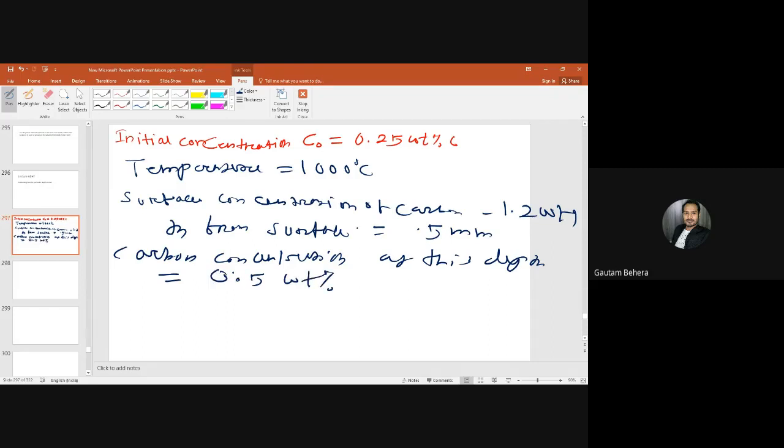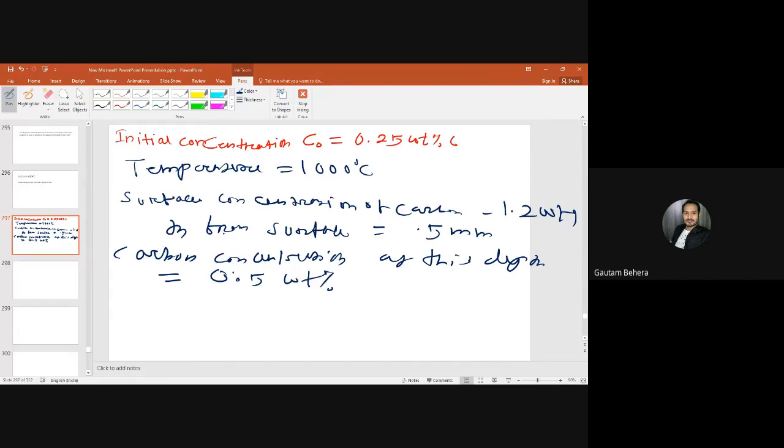These things are given. The initial concentration of the carbon is 0.25. The temperature of carburizing is 1000 degrees centigrade. The surface concentration of carbon, that means the carburizing atmosphere concentration of carbon, is 1.2, which will remain fixed throughout the carburizing.